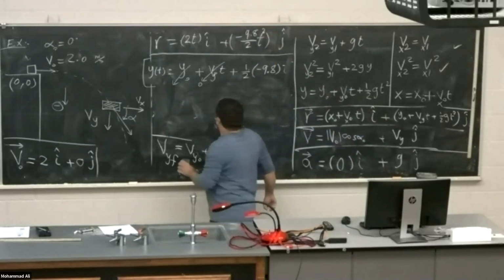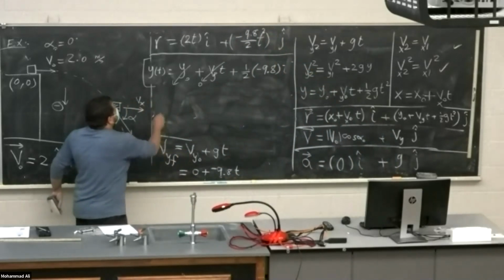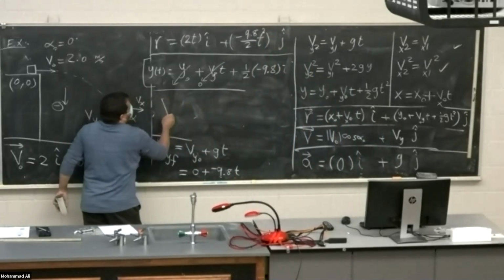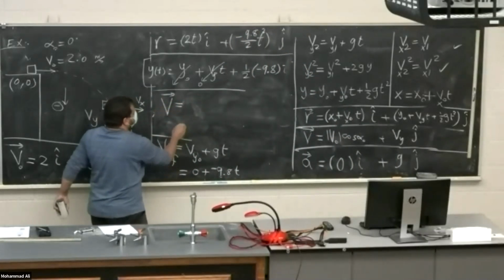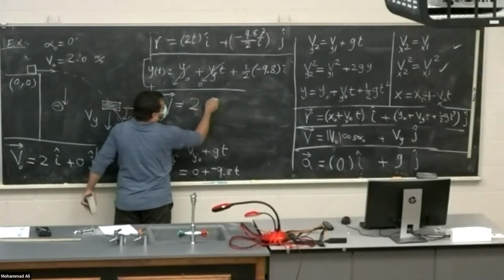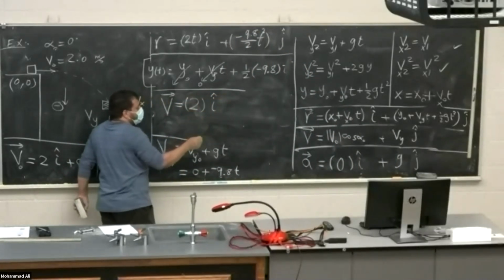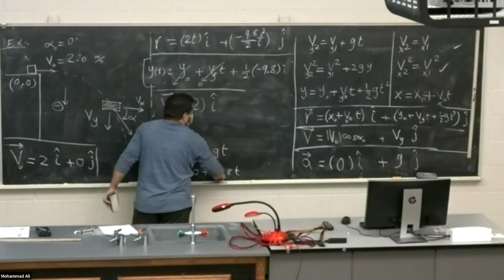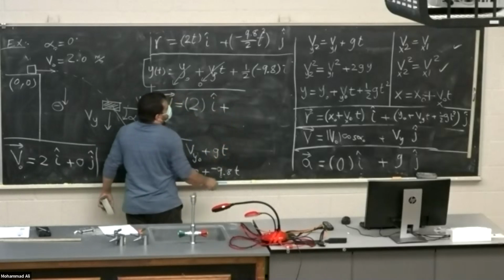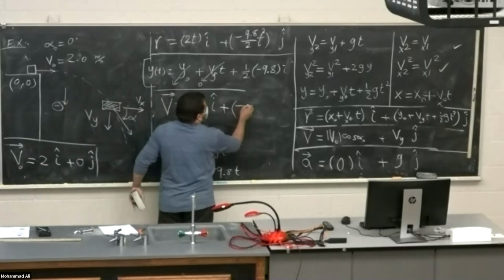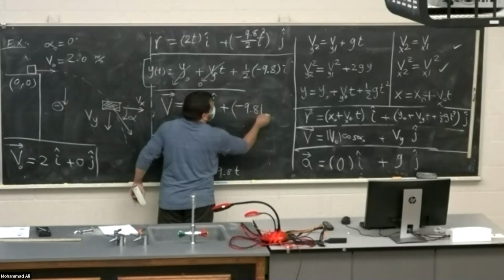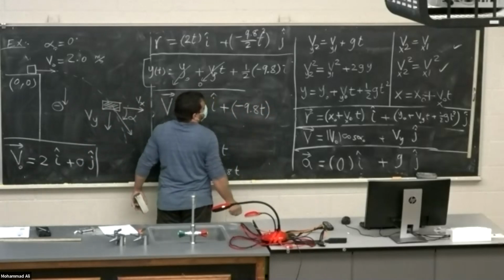What about the velocity? We found the velocity now. V as a vector. We found that the velocity in x direction is 2. It is constant, plus negative 9.8 t j dash.